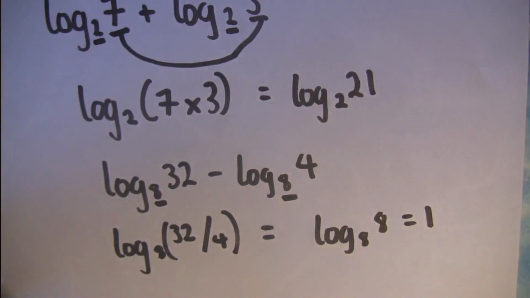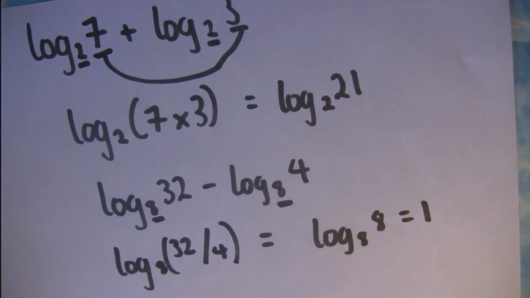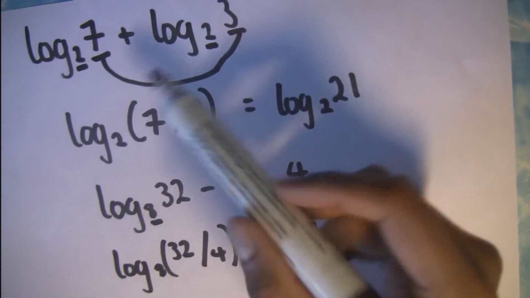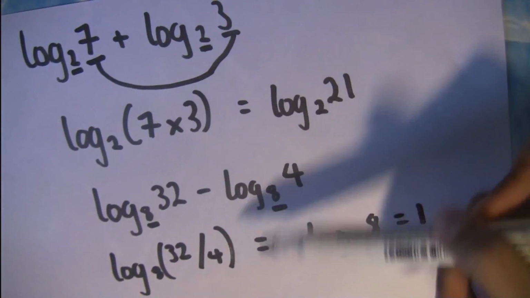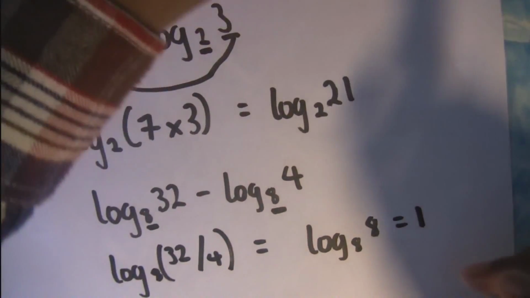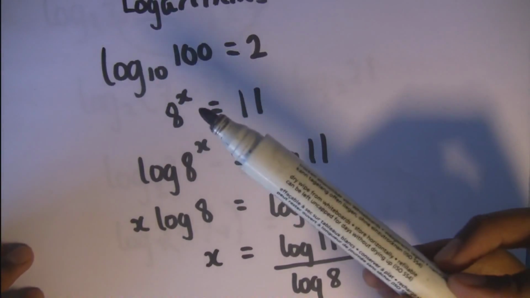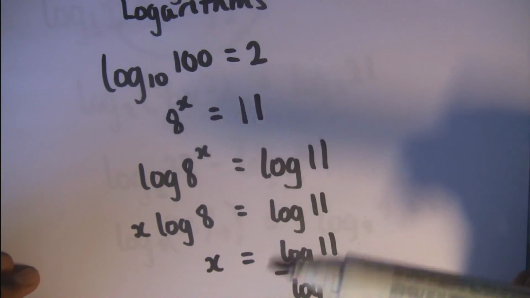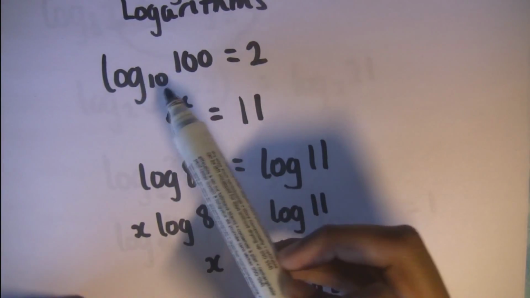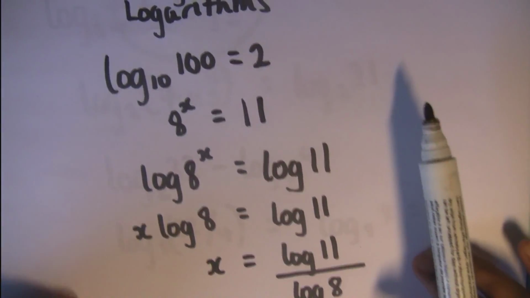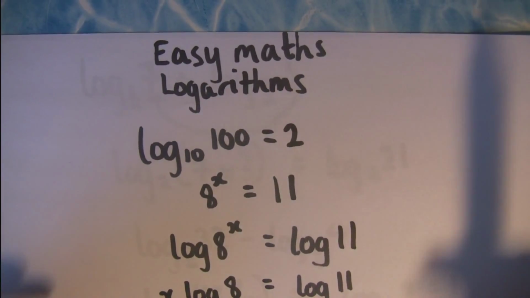So by using the rules I've explained here, adding logs of the same base, taking away logs of the same base, and as I previously mentioned, how to work out unknowns when you're talking about powers with log, and using your calculator, which will give you this log base 10, you should be able to answer most questions that you are going to need on logs.